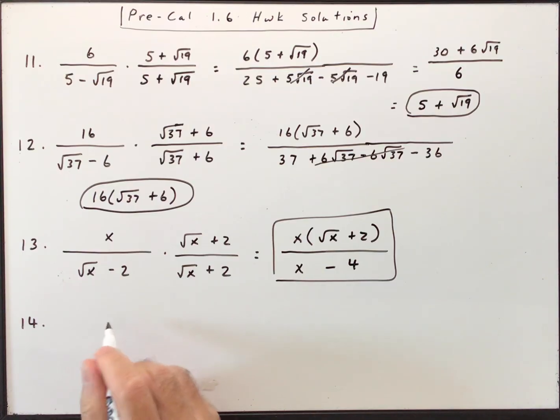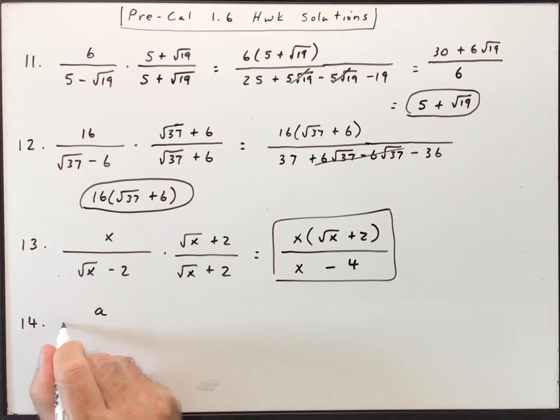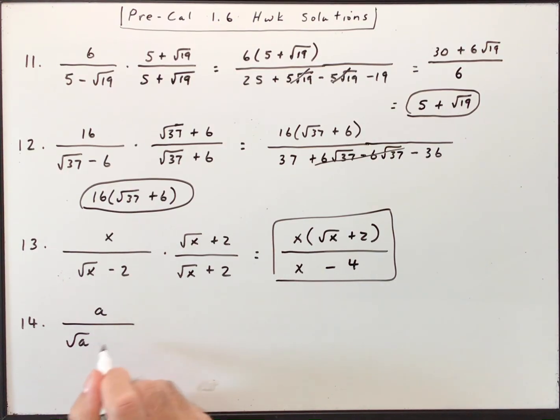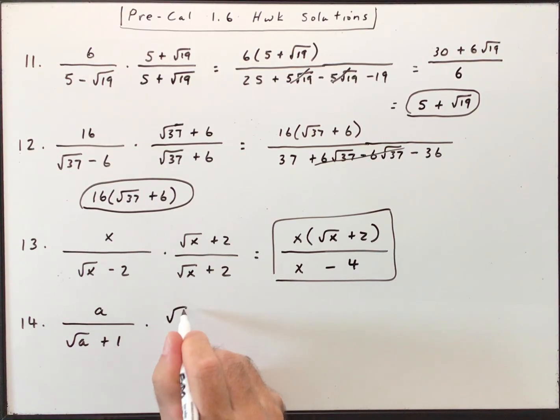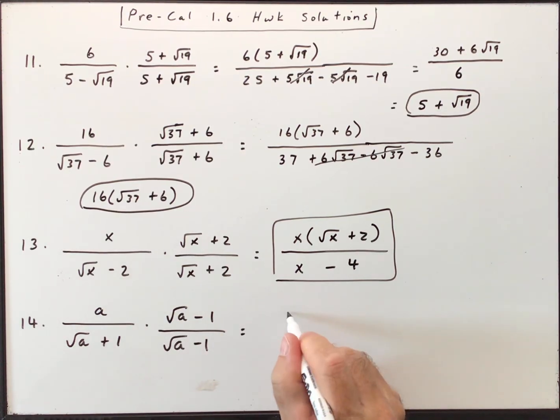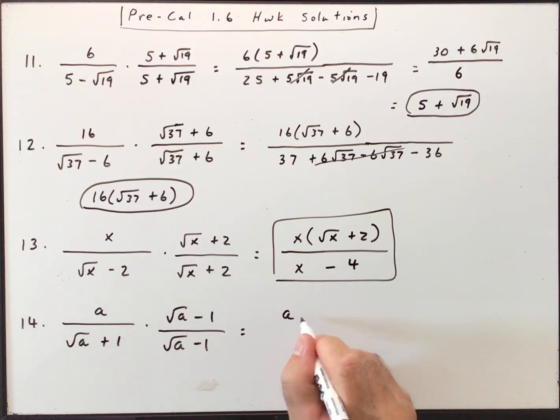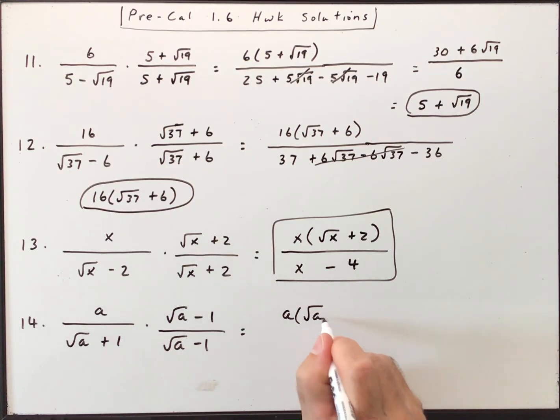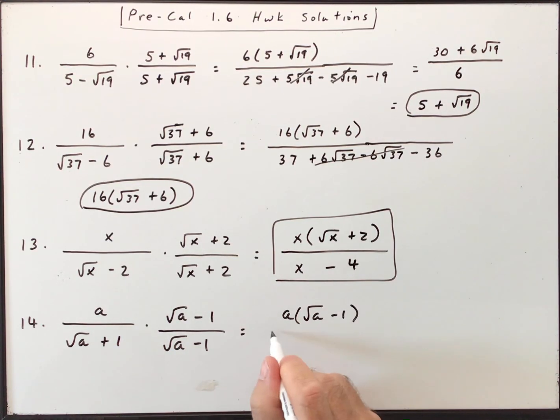All right, 14, we have a over the square root of a plus 1. So what's the conjugate? It's the square root of a minus 1. So over the square root of a minus 1. I'm going to resist the temptation to distribute the a because we may not need to.